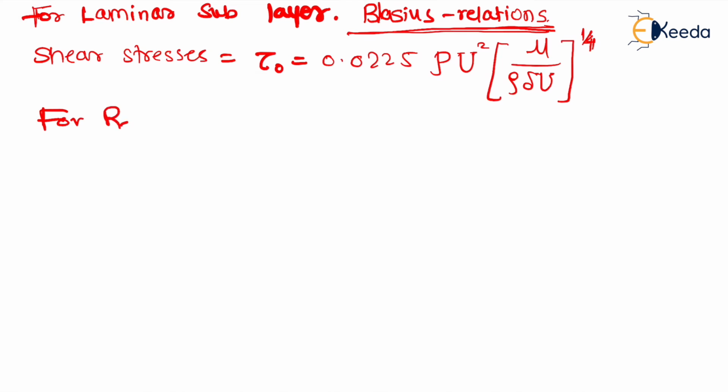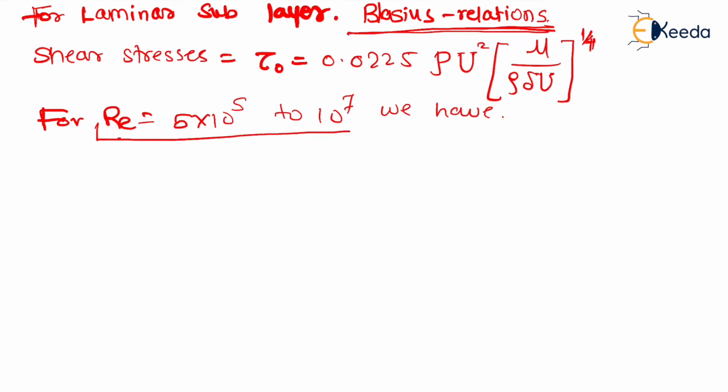Here, for Reynolds number 5 into 10 raised to 5 to 10 raised to 7, he has defined some regions of Reynolds number in the turbulent zone.